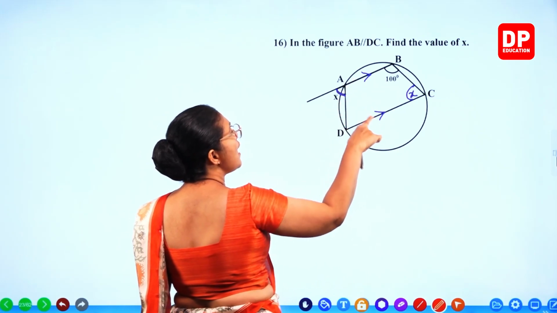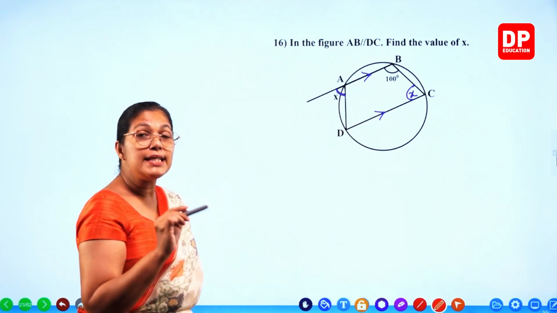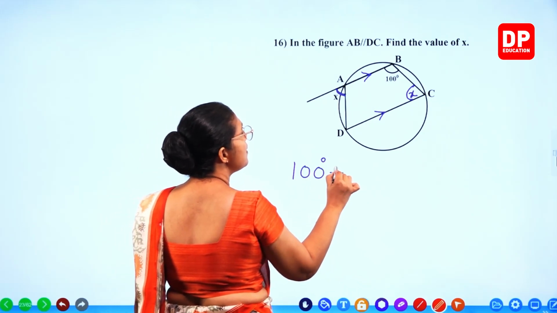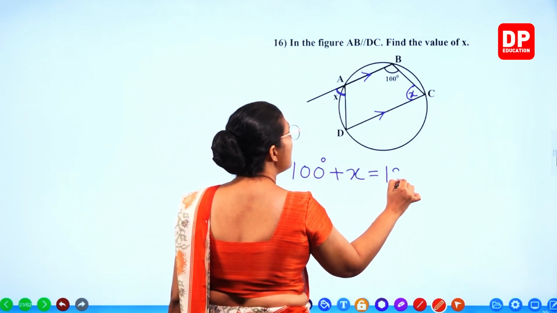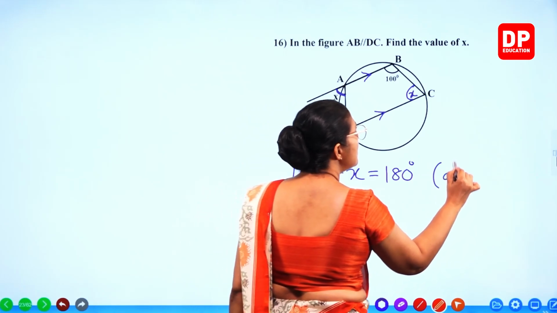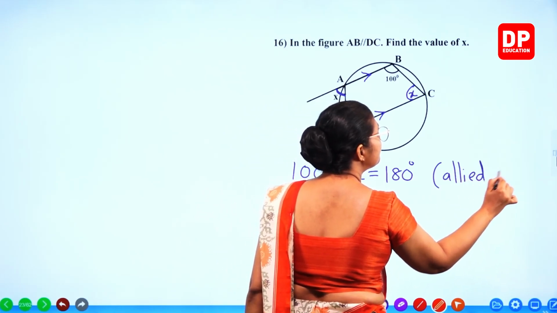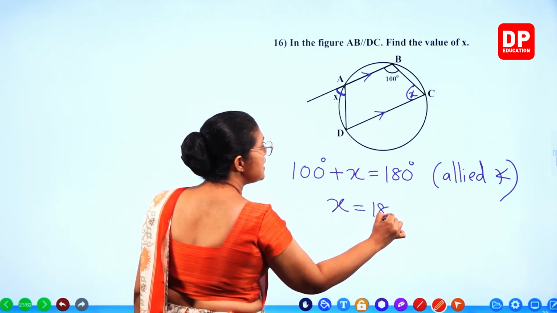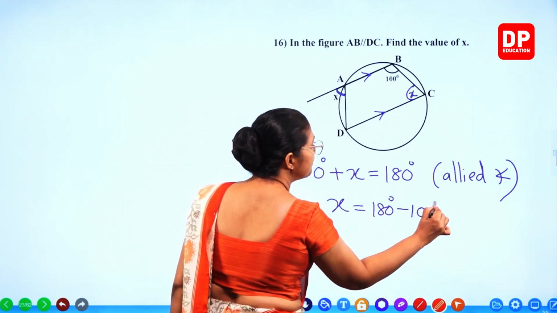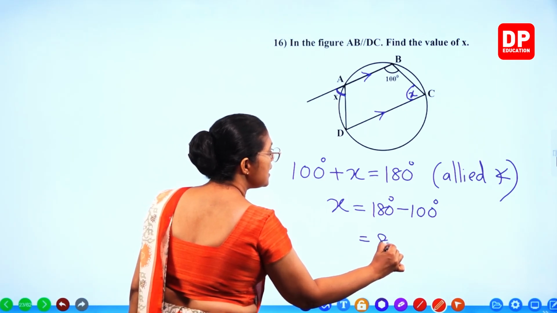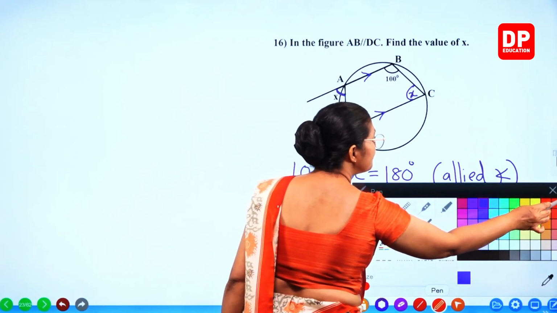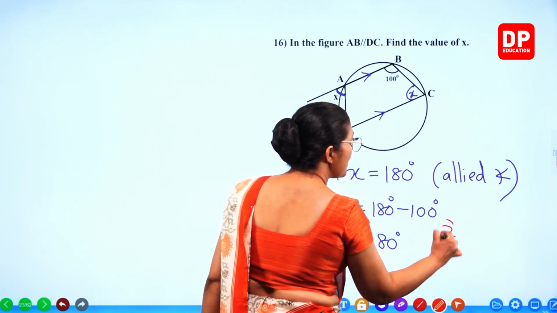And when the two lines are parallel, allied angles add up to 180. So you can write 100 plus x equals 180 because of allied angles. So what is x? 180 minus 100. So 80 degrees. 2 marks for that.